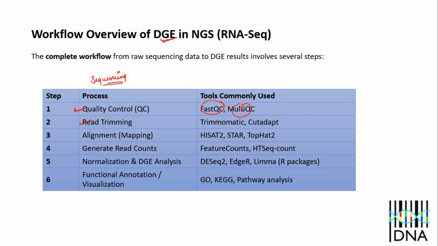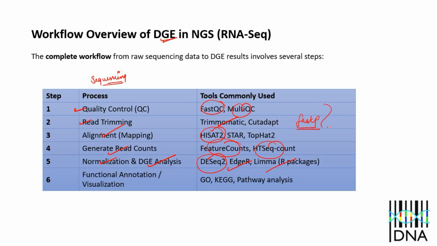For trimming, we use Trimmomatic and Cutadapt, and also we use fastp. Then alignment. For the alignment, we use HISAT2. To generate the read count, we use featureCounts or HTSeq-count. Then for the normalization and differential gene expression analysis, we use DESeq2, edgeR and limma.